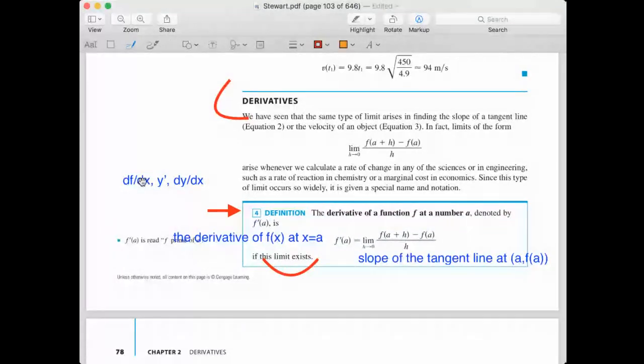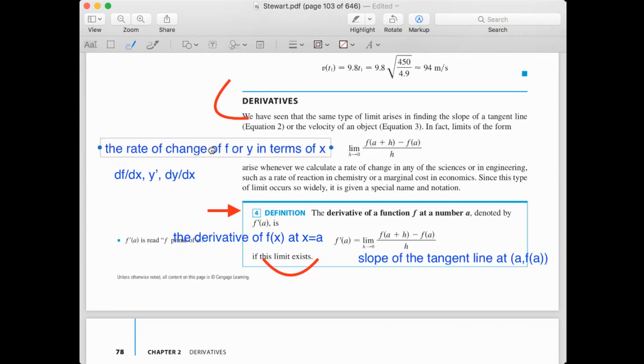They all mean the same thing. They all mean the rate of change of y, or f, in terms of x. It doesn't matter which notation is used.